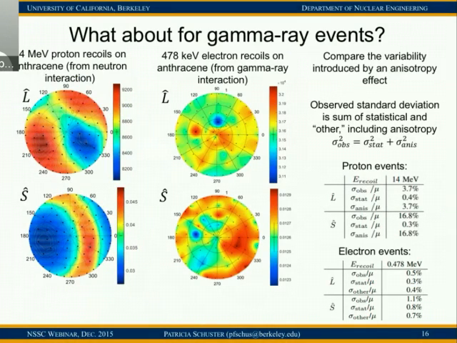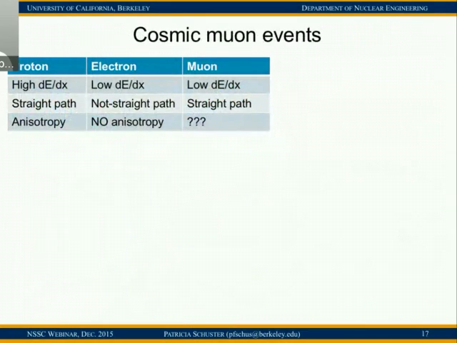So first of all, we say that we don't observe a directional dependence, but if there were one smaller than my system could measure, still the effect in gamma rays is like a tenth or less of that observed in the neutrons. It's always fun to try to demonstrate that you're measuring nothing.